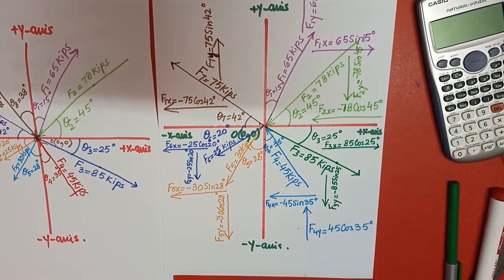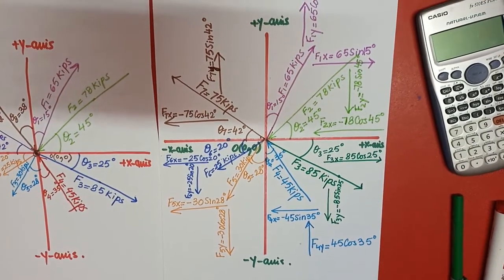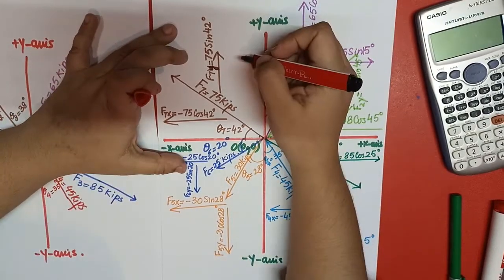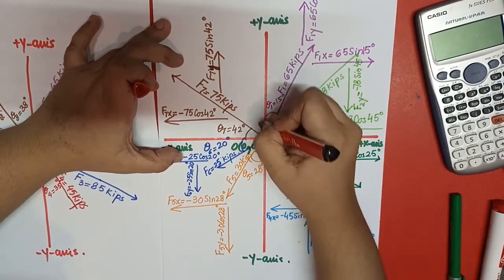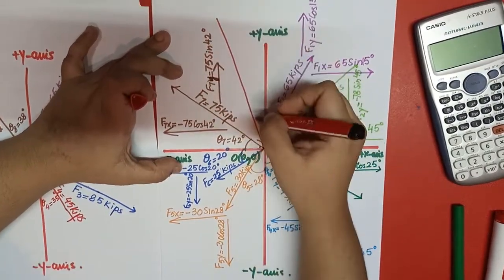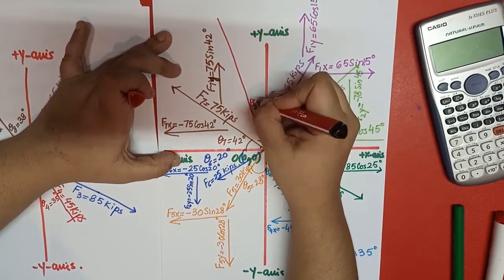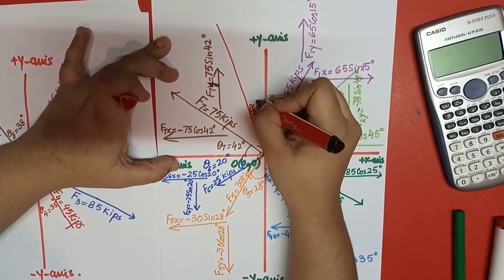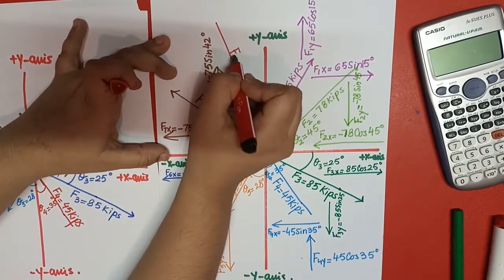So another force we have to use, and I did not use the red marker, so I am using the red marker over here, and it is greater than the other forces. So this is F8 and the angle theta 8 is equal to 38 degrees.